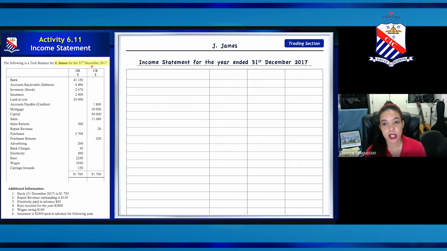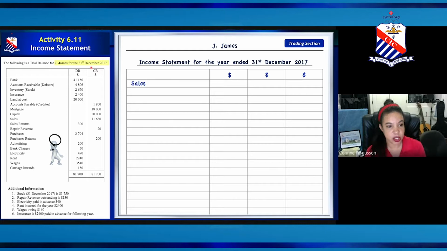2017. We have three columns, dollar columns as I call them. So you would put your dollar signs there to represent that. The column here, the large one, is for your details. And the first thing that you start with for your income statement is always your sales revenue. And your sales revenue is your main revenue. So your sales revenue, where would you find that?